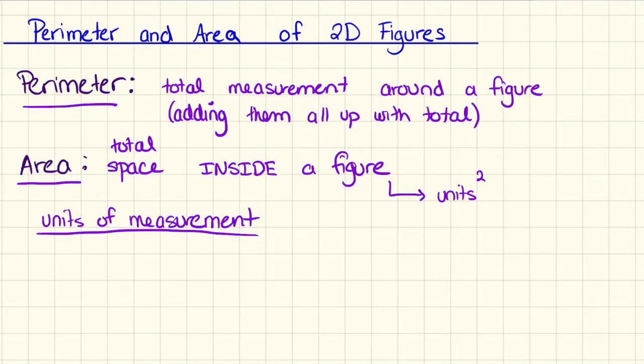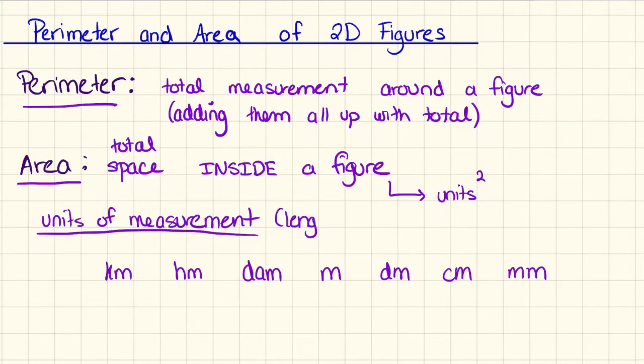The ones that we see in my class would be kilometers, hectometers, decameters, meters, decimeters, centimeters, and millimeters. These are the units of measurement for length. Area is a different way of converting it, but we are pretty much going from one to the other in units of 10.